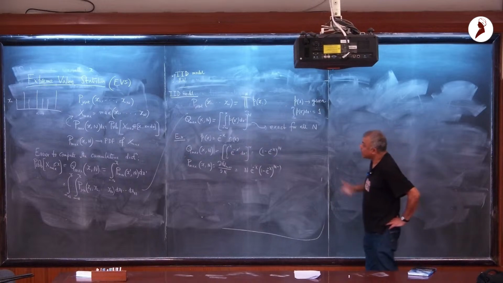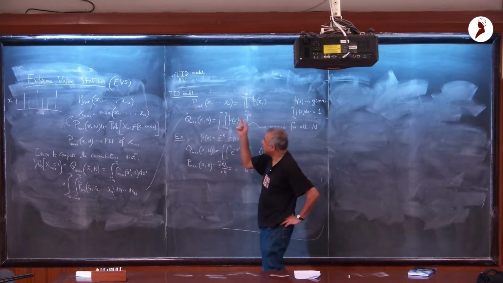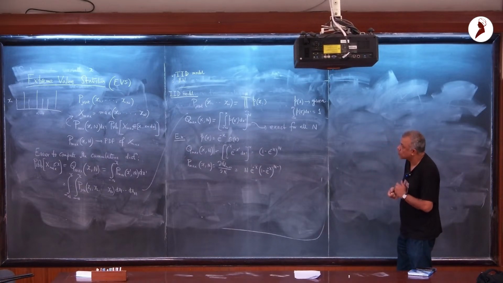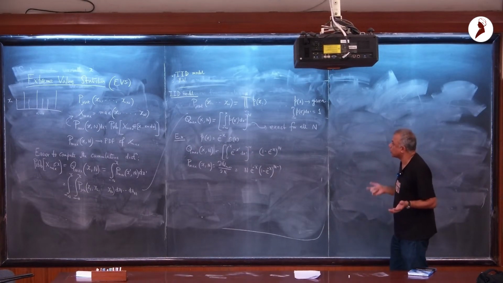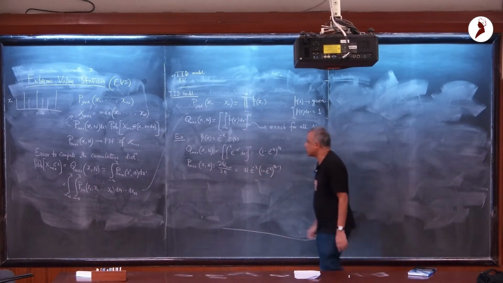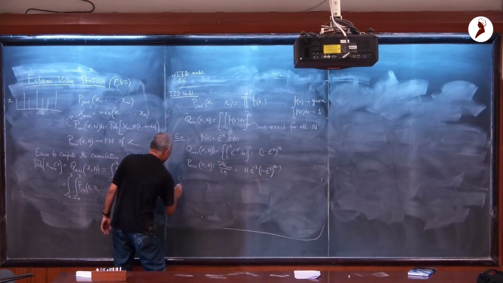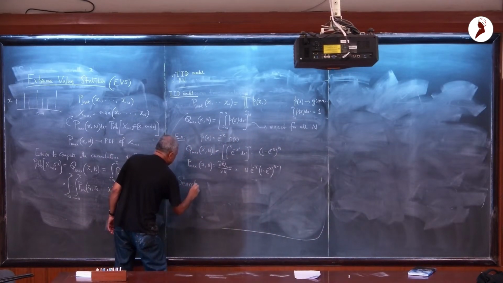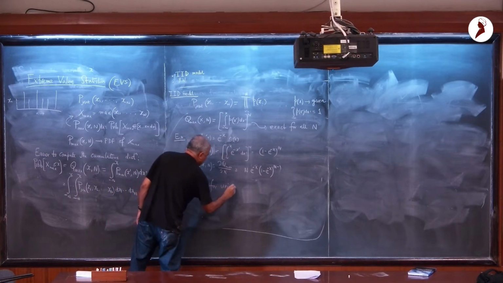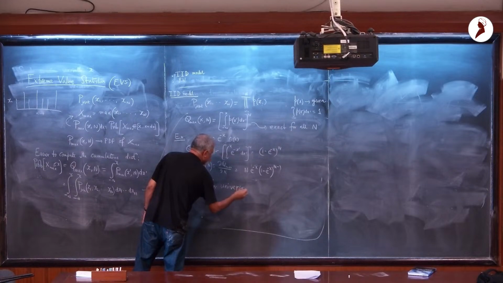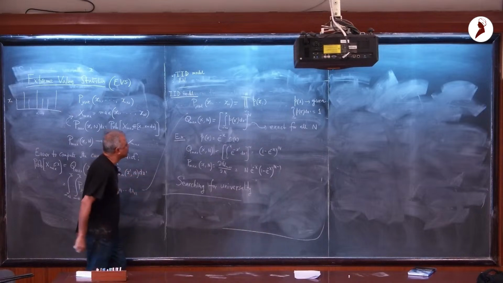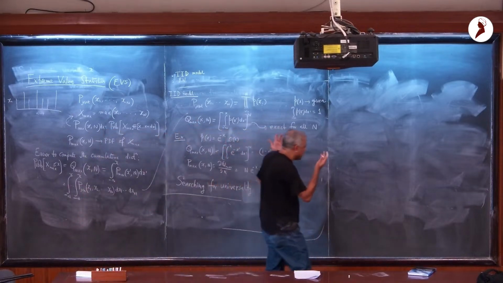So what you would expect, like in the central limit theorem, is that if you take n to be large, it might converge to some universal distribution which does not depend on the details of P of x. So we're searching for universality. Because if there is no universal behavior, it's quite boring, because then you have to do it separately for each distribution, and it doesn't tell us any general law.